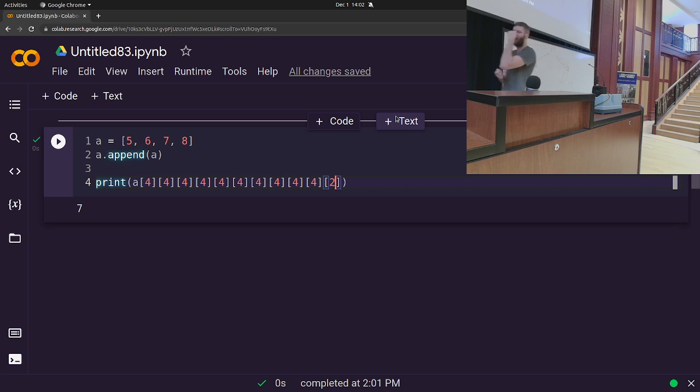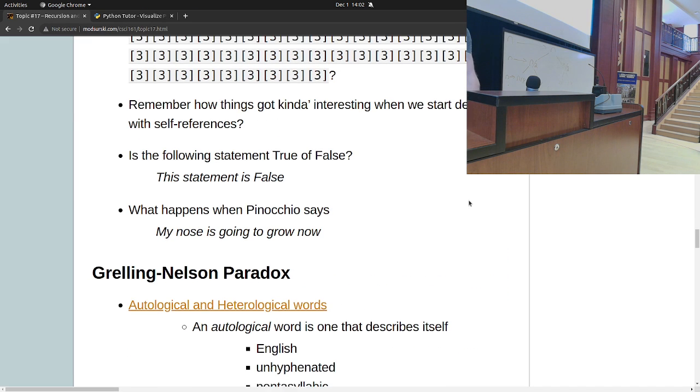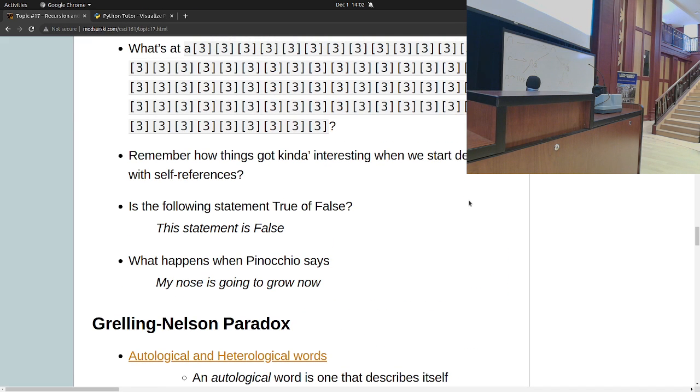Now, I talked about this in a lab earlier this semester, so some of you here will have heard this before. Going all the way back to the beginning of the semester, the statement "this statement is false" is kind of problematic. The statement is referencing itself. It's making a statement about itself.